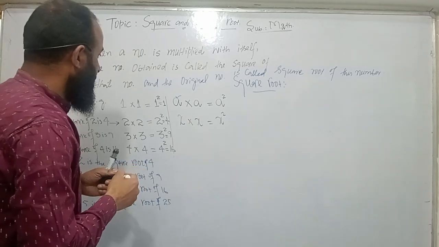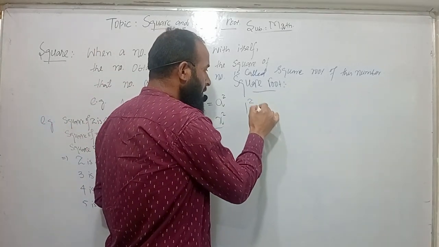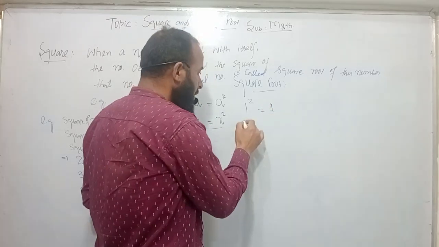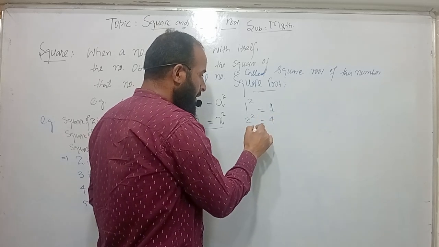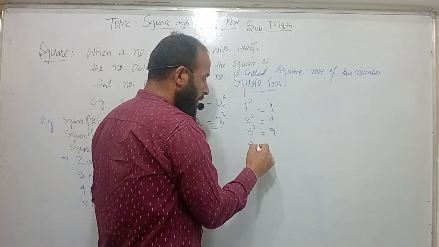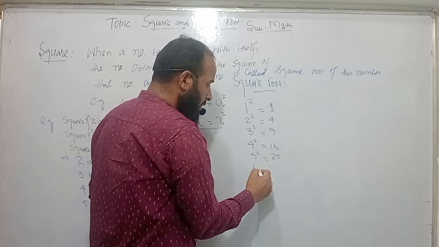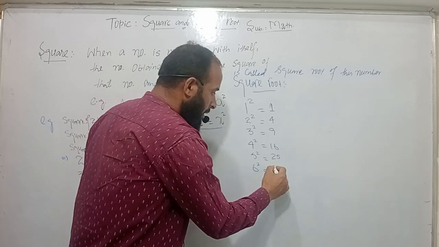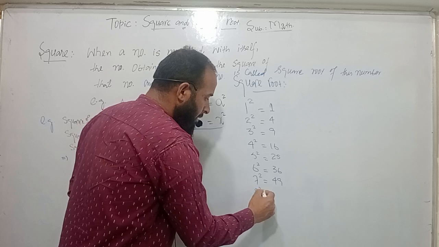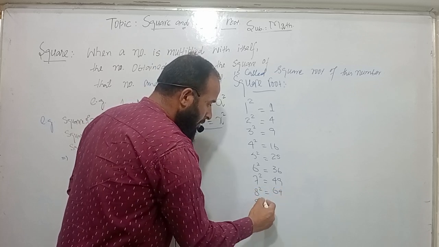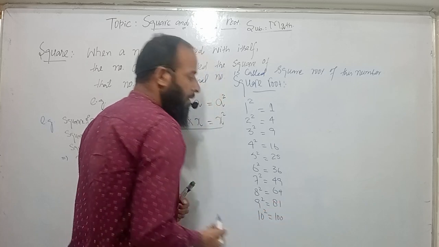Okay, see, I will again see 1 square is 1. Okay, 2 square is 2 into 2, that is 4. 3 square is 9. 4 square is 16. 5 square is 25. 6 square is 36. 7 square is 49. 8 square is 64. 9 square is 81. 10 square is 100.